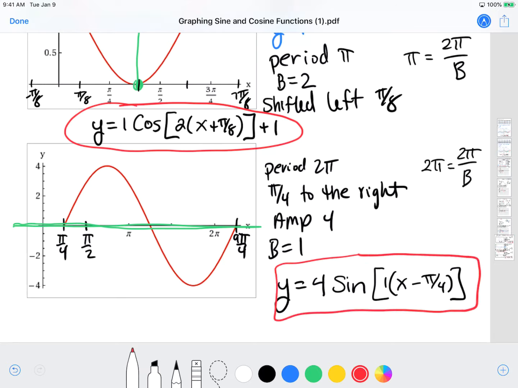So here is my equation for the last graph. And so if you want to put this in the calculator and check it, you would put in your x min is pi over 4, your x max is 9 pi over 4, your y max is 4, and your y min as negative 4. And you should get that picture.